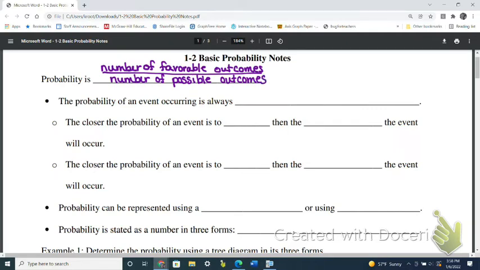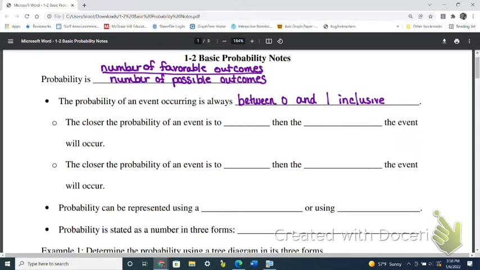The probability of an event occurring is always between 0 and 1, inclusively. So what that means is it could be 0 and it could be 1.